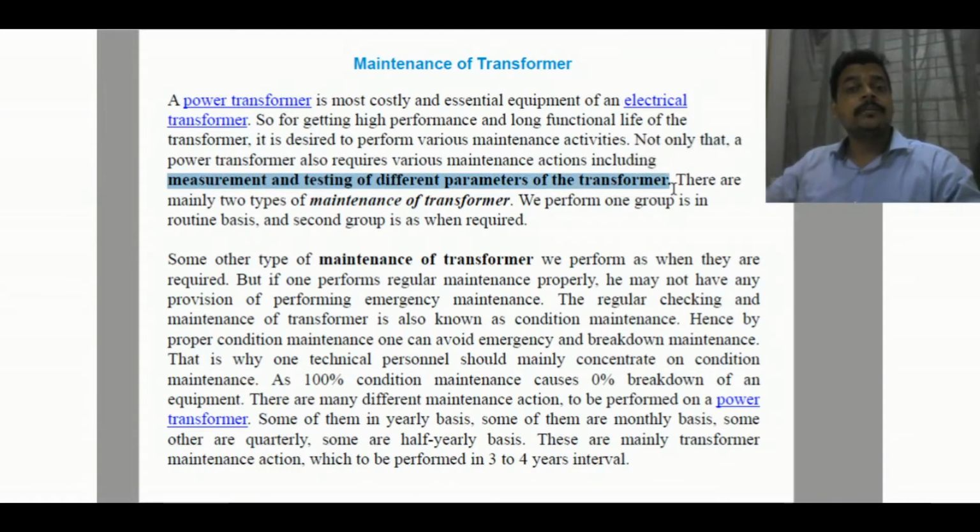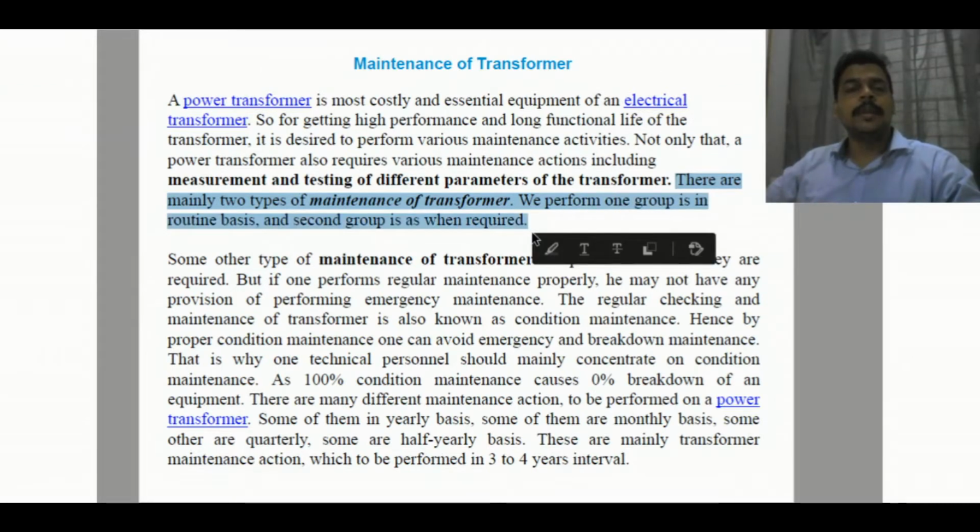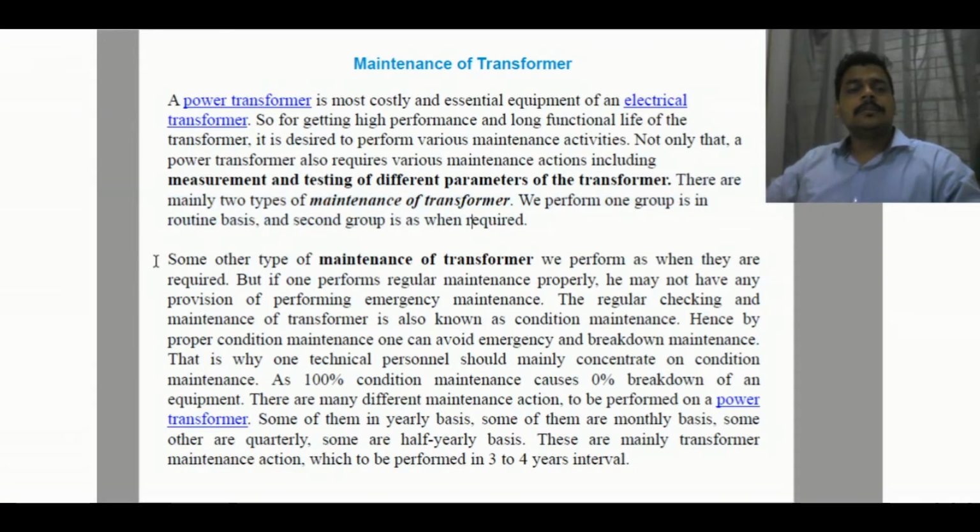This is nothing but a kind of maintenance. We are diagnosing and regularly checking the parameter values, and there are mainly two types of maintenance of a transformer. One group we perform on a routine basis and the second group when required. Some other types of maintenance of a transformer we perform when they are required.